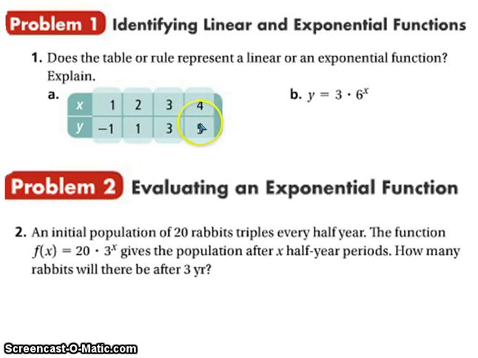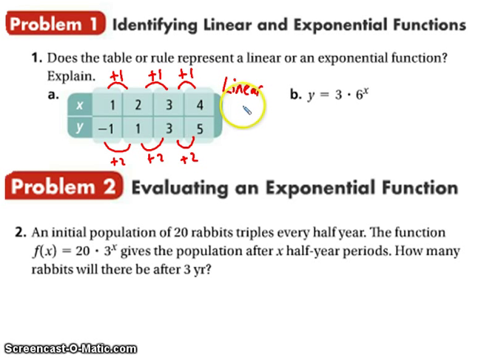The other thing to do is to determine the difference between each value. We would realize that this is +1, this is +1, this is +1. So these are common differences, and common differences mean that it's growing at the same rate. So this one is linear, because of the common difference.